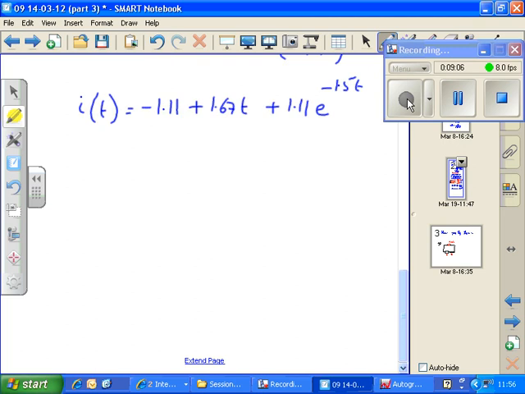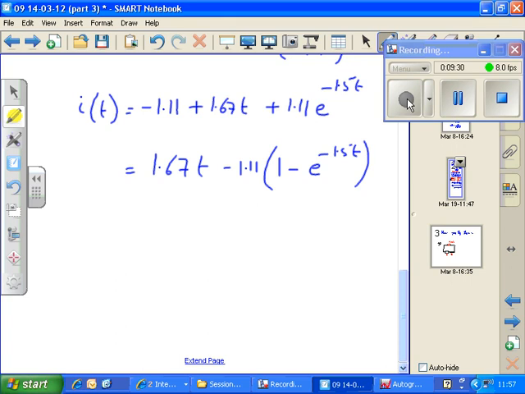We can rewrite this, maybe a bit more helpfully, as 1.67t minus 1.11, and then writing this term here, 1 minus e to the minus 1.5t.